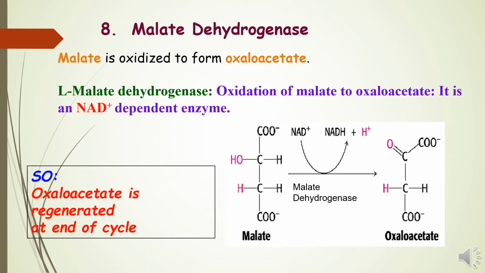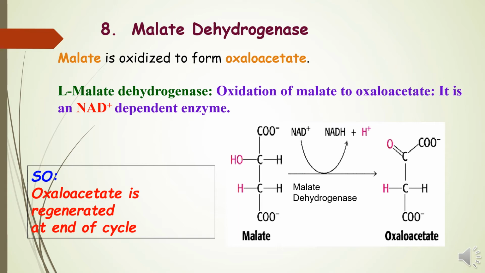The last step of citric acid cycle, where malate is oxidized to form oxaloacetate. This step occurs by the help of the Malate Dehydrogenase enzyme, and the reaction is reversible.